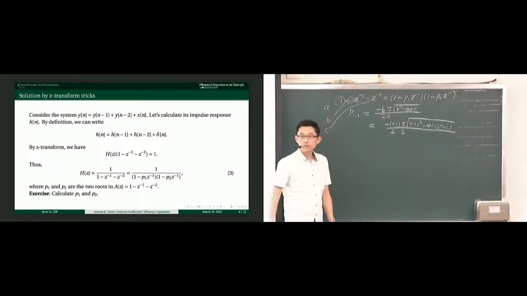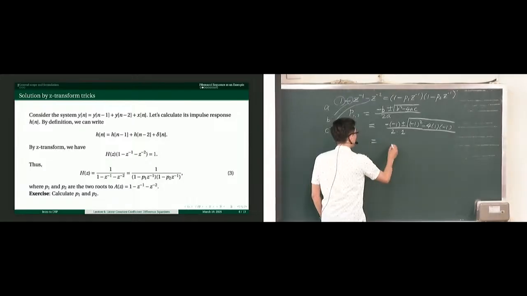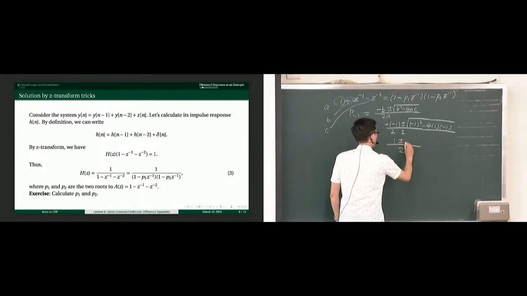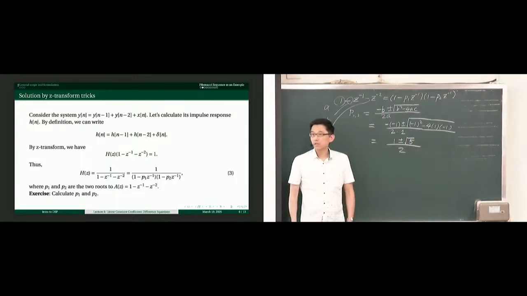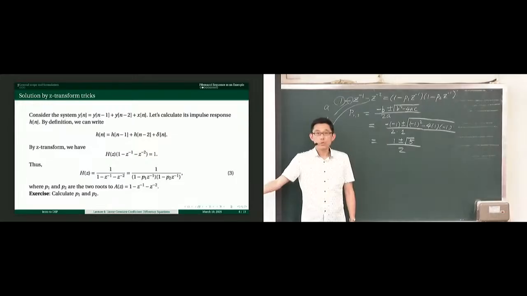This is nothing but applying this good old formula. High school math. So now we have the famous factor of 1 plus or minus square root of 5 divided by 2, the golden ratio. Some of you might notice this. That's P1 and P2, the 2 roots. Seriously, this is what we need to go through.